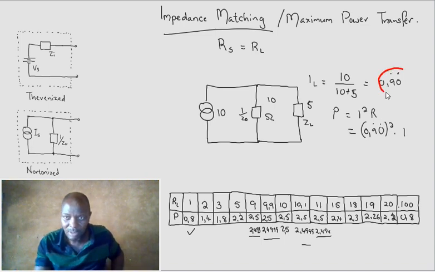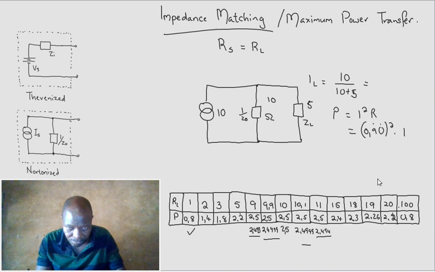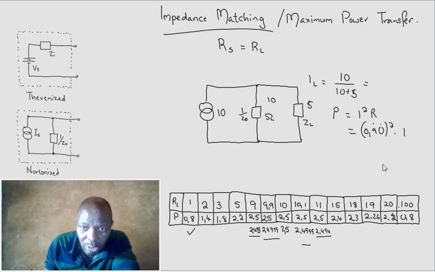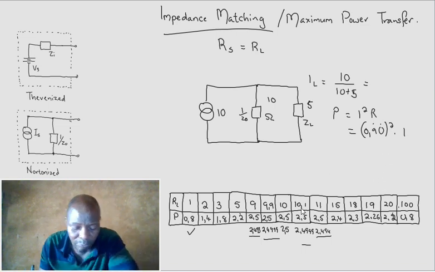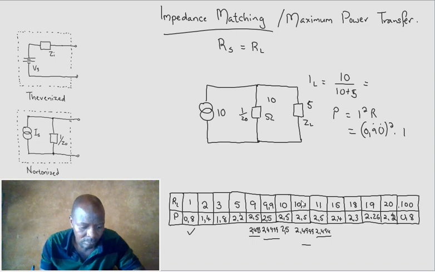This will be 10 divided by 15, which is 0.6666. Now if you square this, times 5, 2.2222, exactly what we got there.